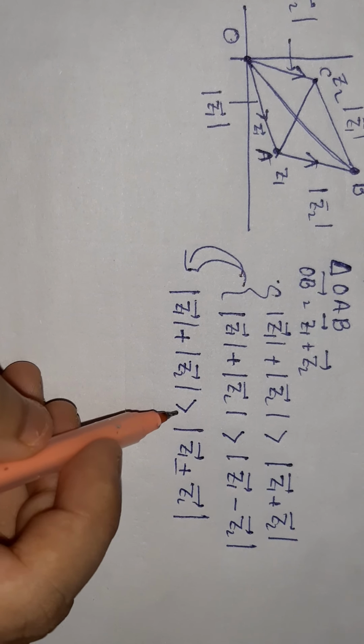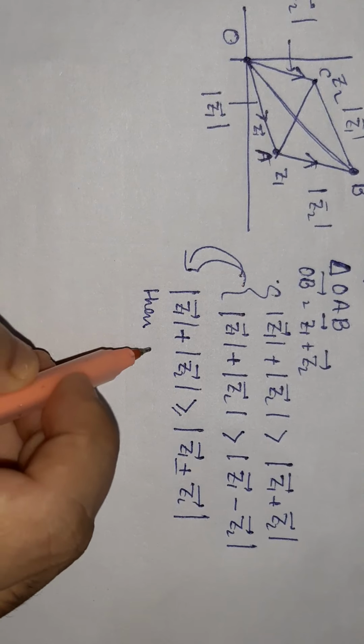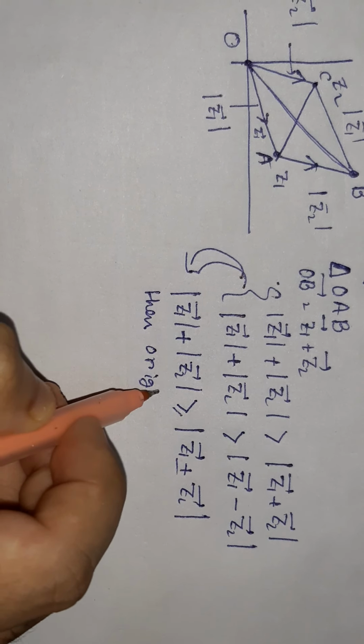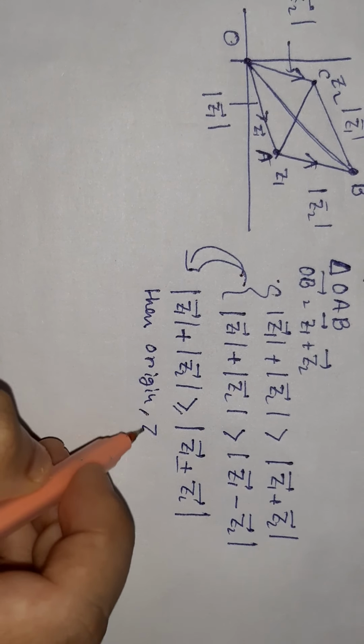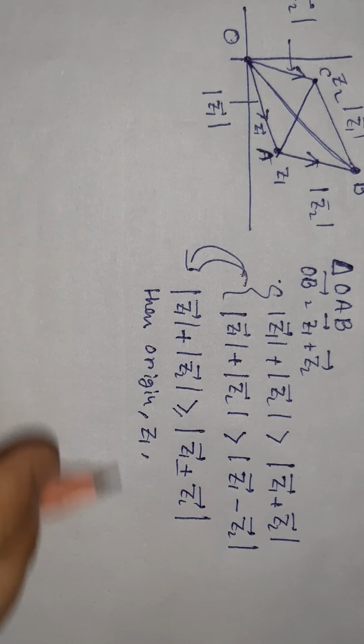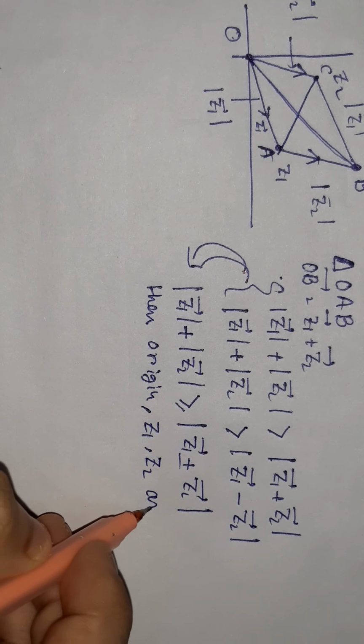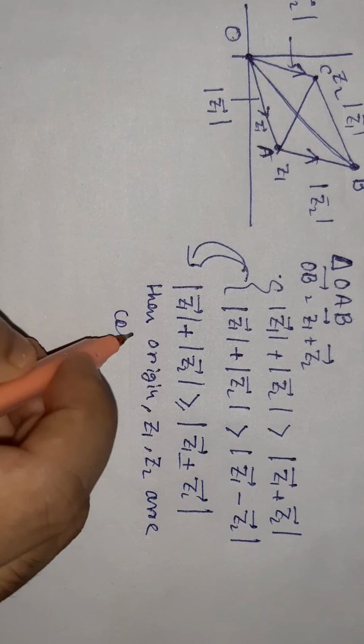If it is equal, then the origin and the points corresponding to Z1 and Z2 are collinear.